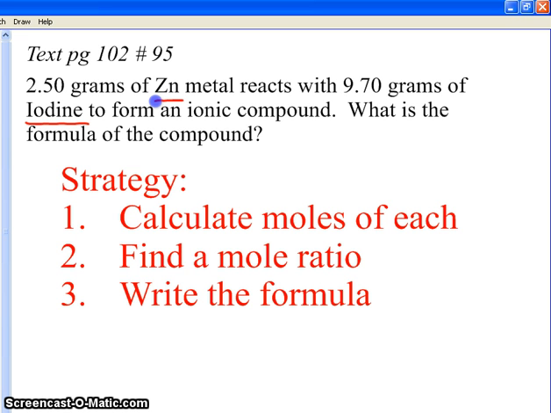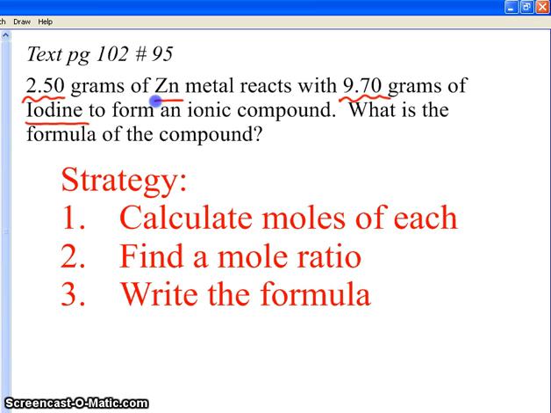And what we know is that the mass of zinc is 2.5 grams and the mass of iodine is 9.7 grams. But we don't know the formula of the compound. Although I'm guessing that some of you might have a good idea if you know formula writing. But we'll come back to that.